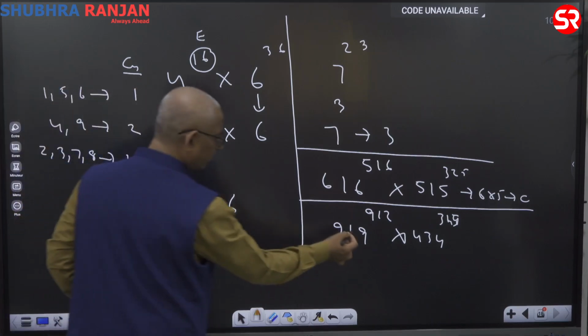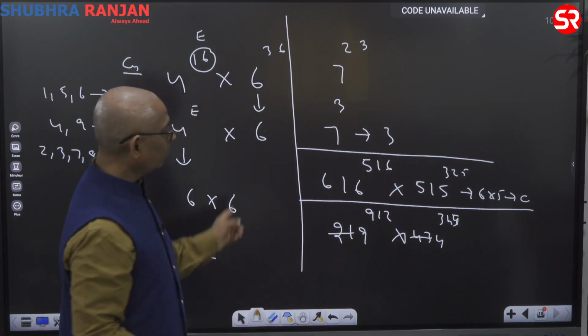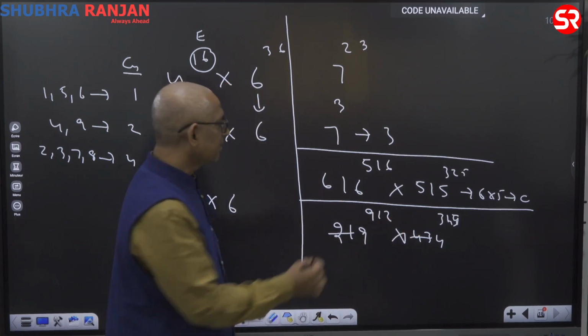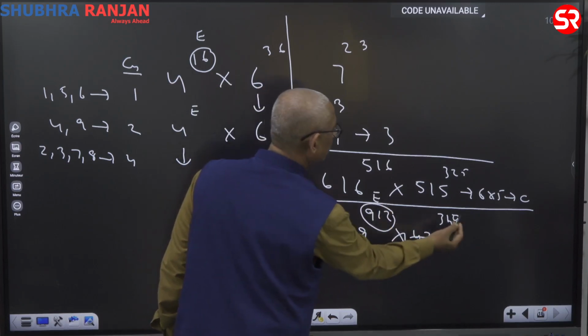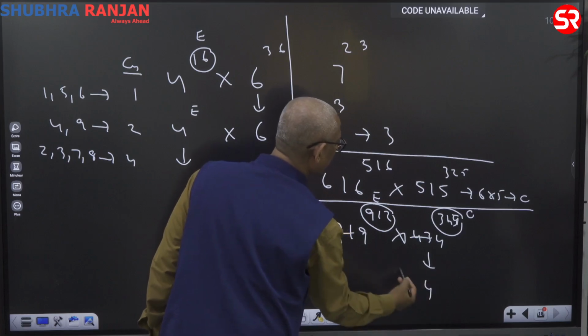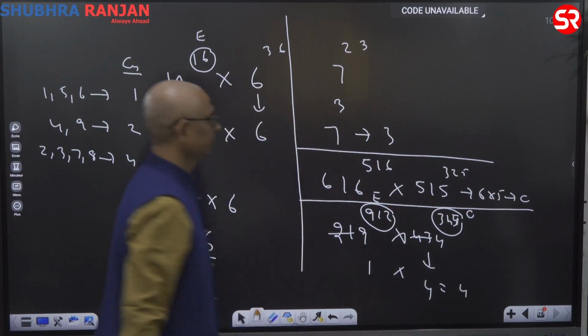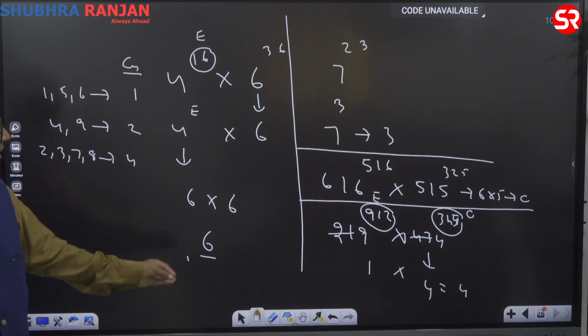And anyhow, for 9 and 4, we have to consider even and odd. This one is even and this one is odd. Odd, you will get the same number. Even, you will get the linked number. Answer is 4. Any doubts? Next question.